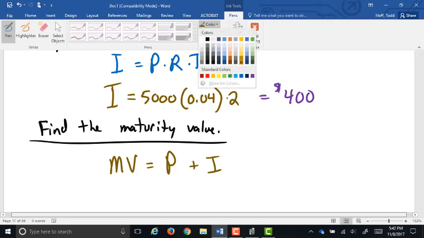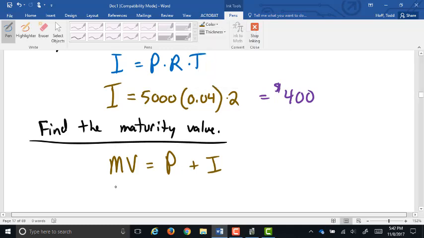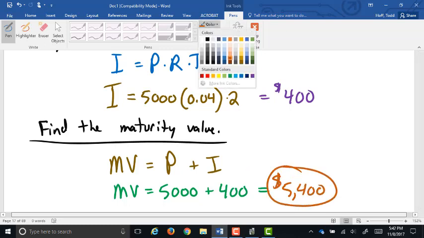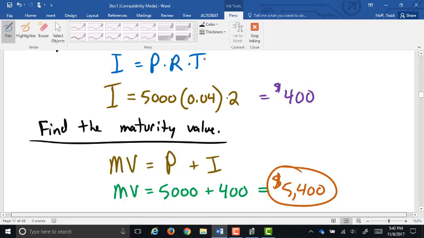So in this problem, our maturity value is the $5,000 principal plus the $400 of interest earned, which comes out to be $5,400. Any questions?